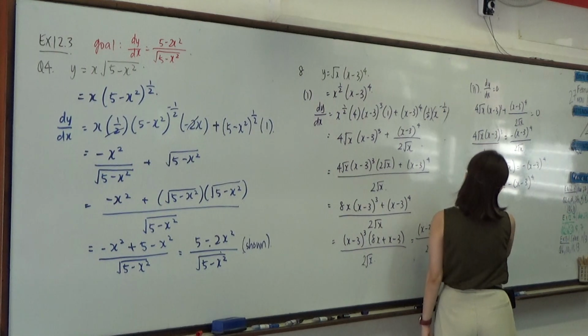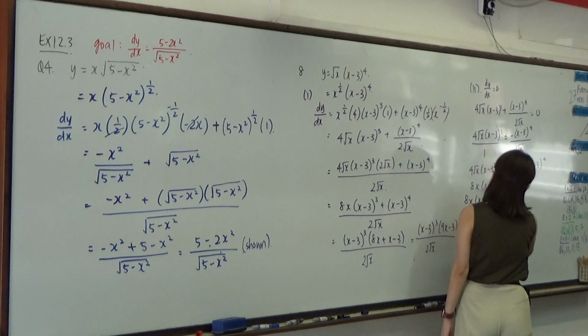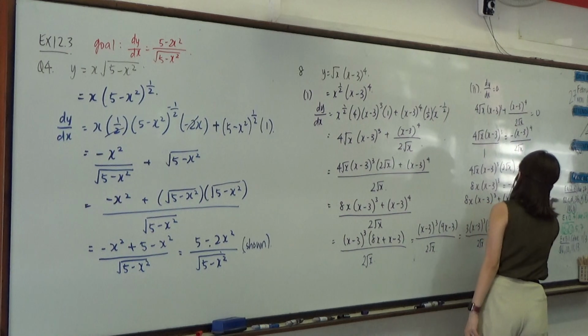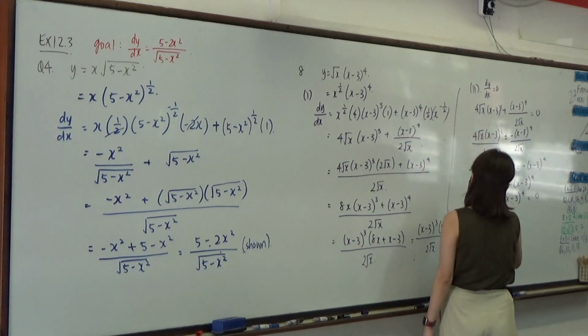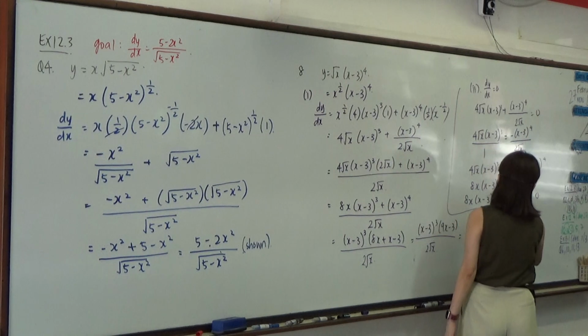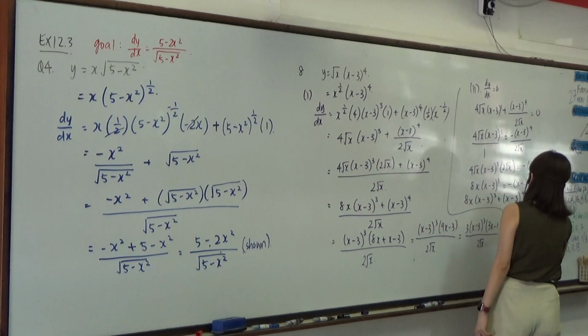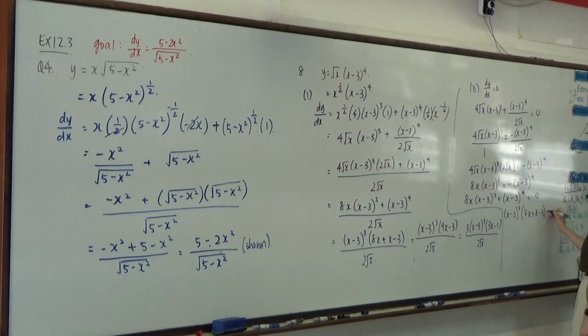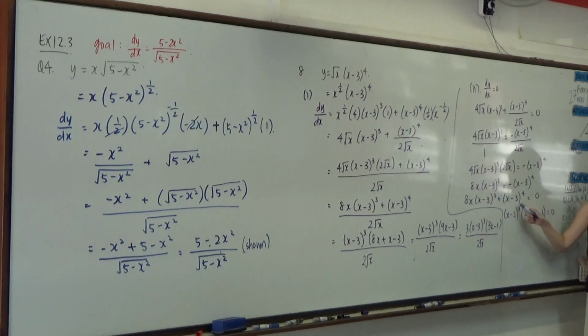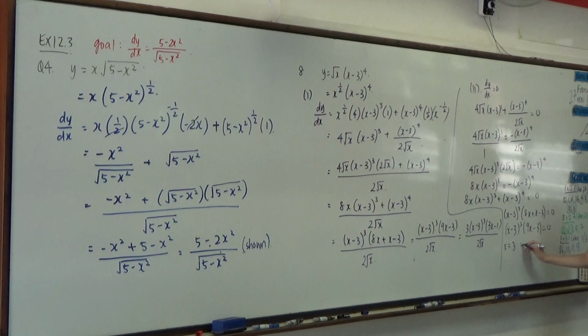So factorize out (x - 3) to the power of 3. We are left with 8x plus 1 more of x minus 3. In other words, x equals 3 or x equals 3 over 9, that is 1/3.